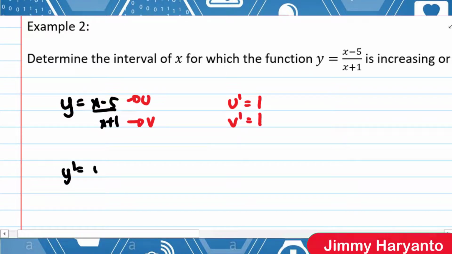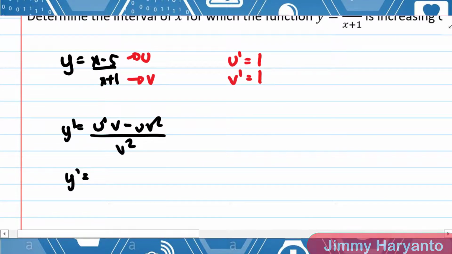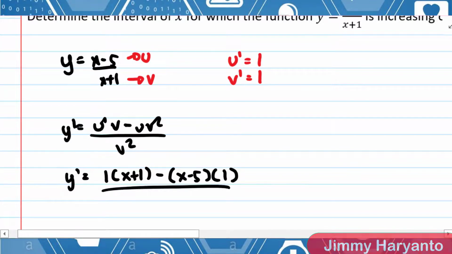The formula is u' v minus u v' over v square. So you will get u' means 1 times x plus 1, and then minus u, x minus 1, times 1, over v square. V square is x plus 1 square.